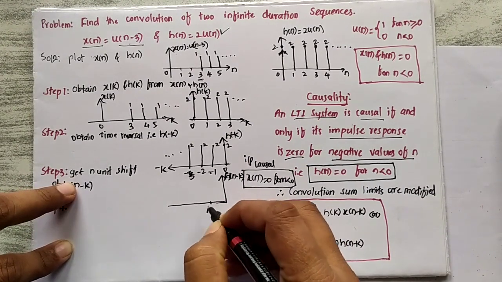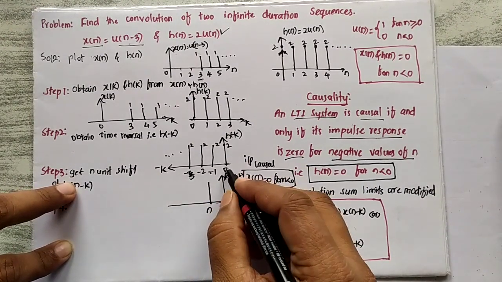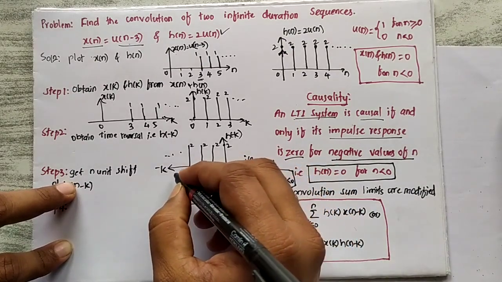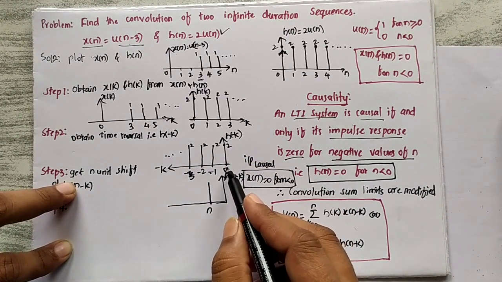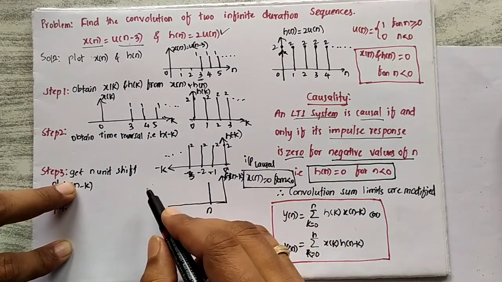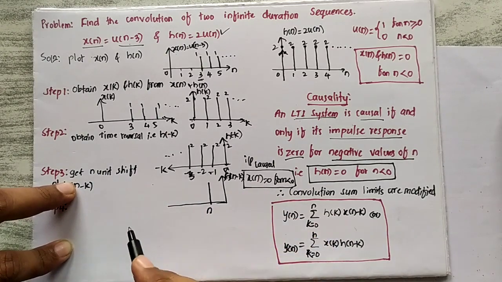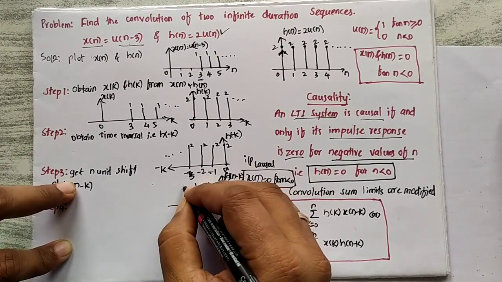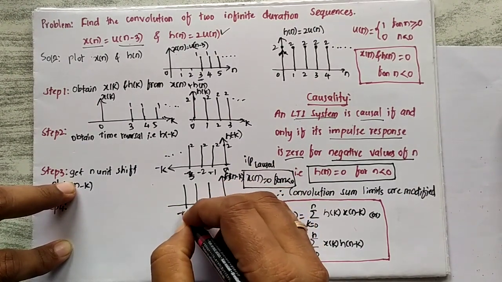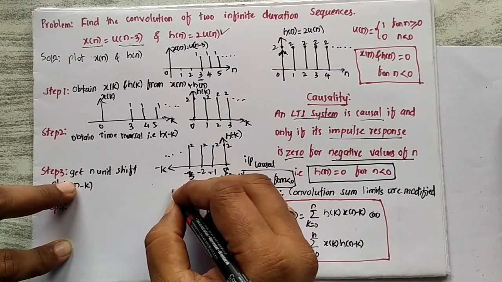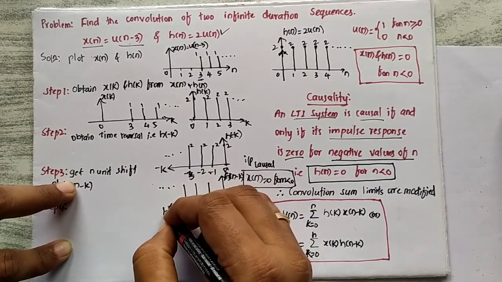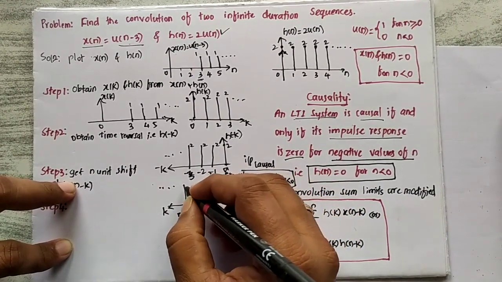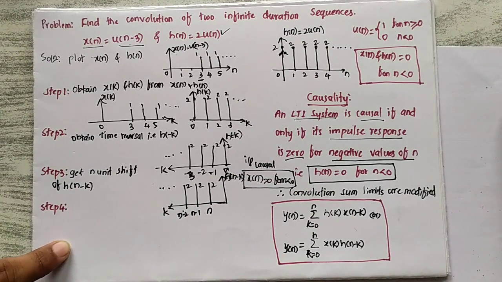So here it will be n, because it started at 0. So just add n to all the k values here. So 0 plus n is n, so that's how it will be, adding, that is left shifting. So n, this will be n minus 1, this will be n minus 2, like that it will go up to minus infinity. Okay, this is h of n minus k. I am not changing the amplitude, so amplitude remains 2 only.